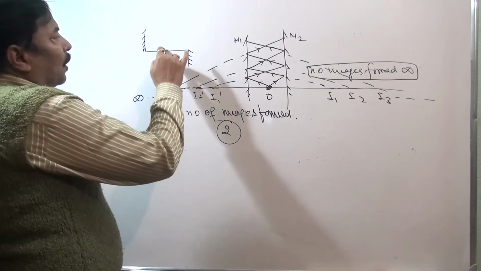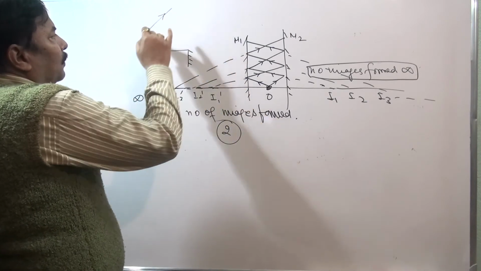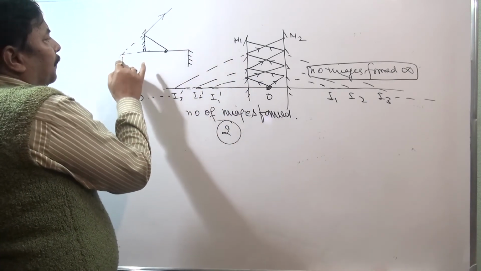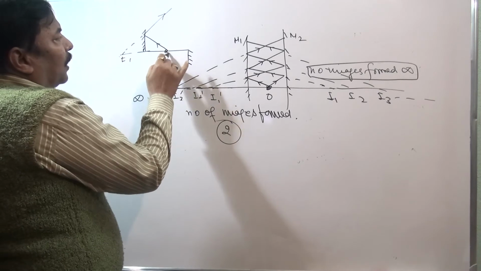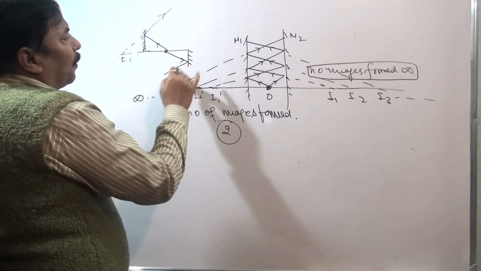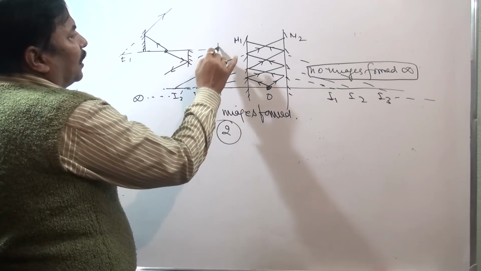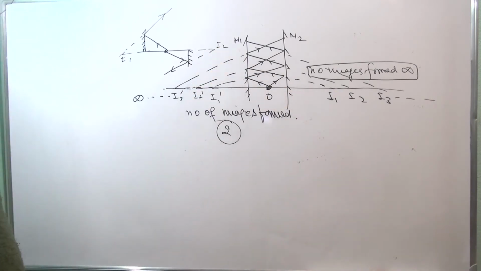Why 2? One ray will go here and form an image somewhere here, and one ray will go here and form an image somewhere here. So the number of images formed is 2.